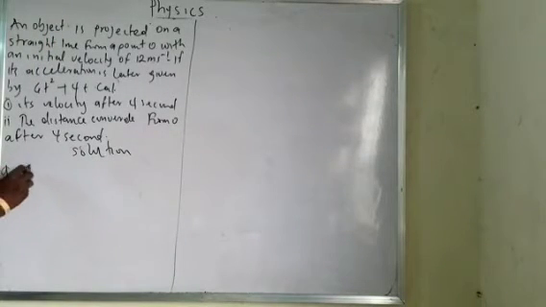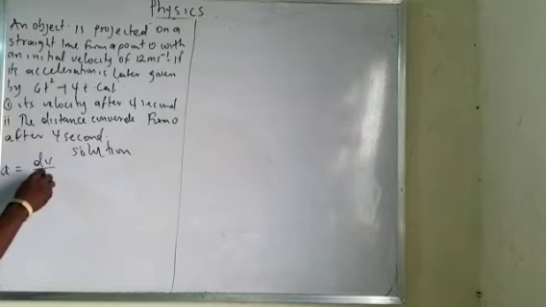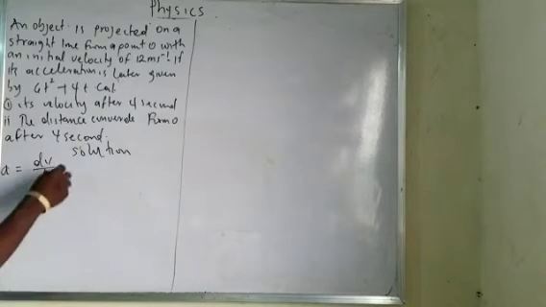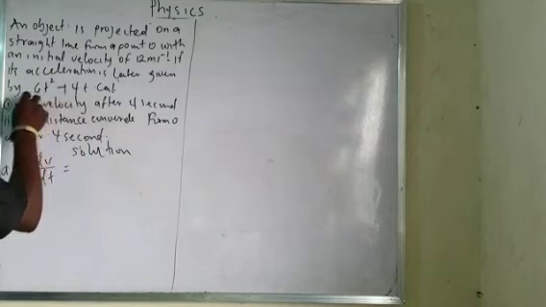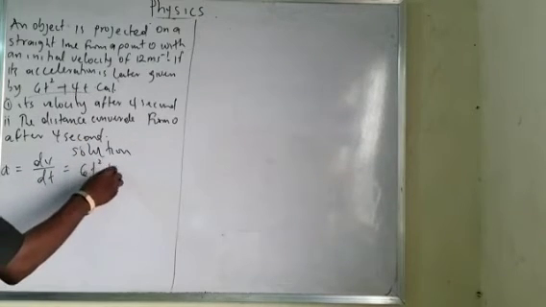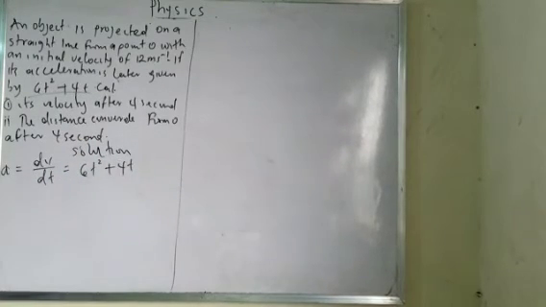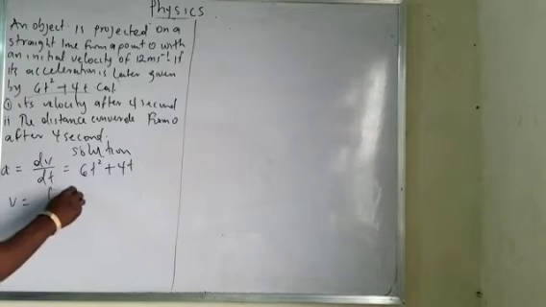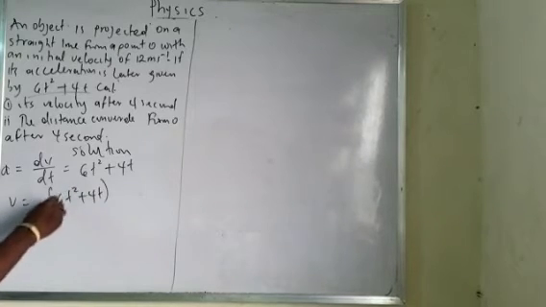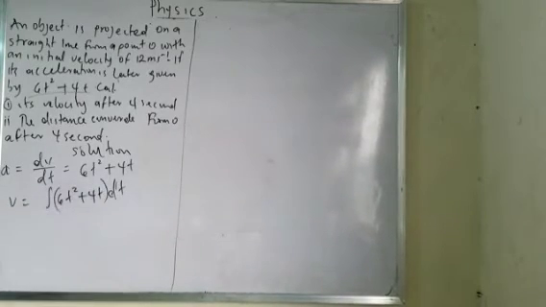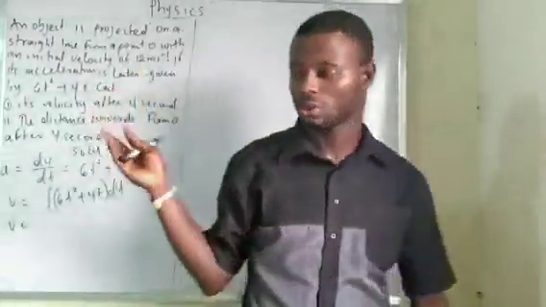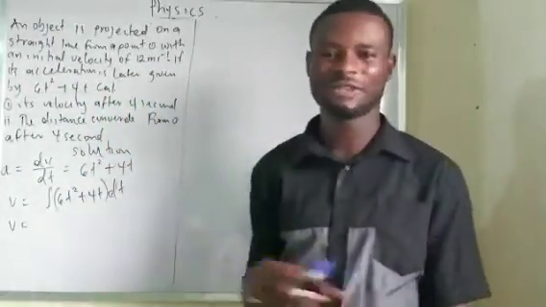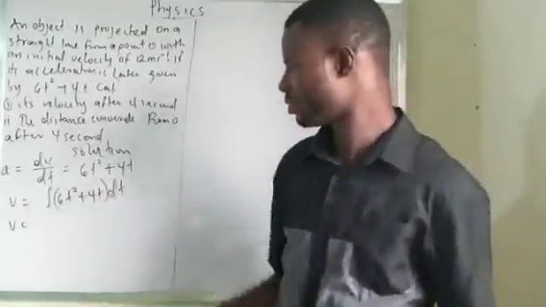I've told you earlier that acceleration a equals dv over dt, so v equals the integral of 6t squared plus 4t with respect to t. If you're not good in integration, please check our videos on YouTube. We have about 10 videos on integration.